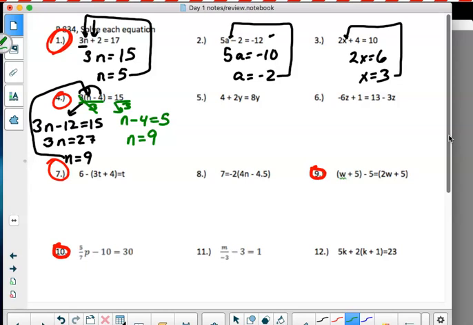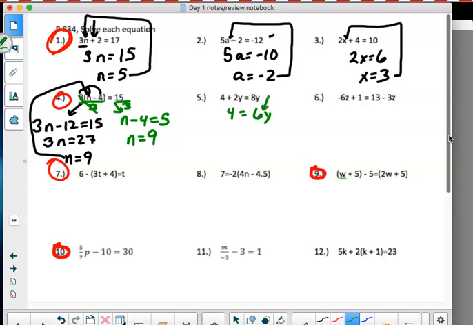In 5, I've got to get the y's together. So when I get the y's together, I'm going to subtract 2y from both sides. So 4 is equal to 6y, because 8 minus 2 is 6. Now, I've got to be careful here. I want to solve for y. I want to know what the value of y is. So because of that, I want to do the opposite of how they're linked.